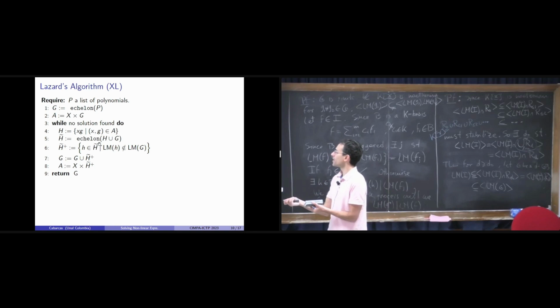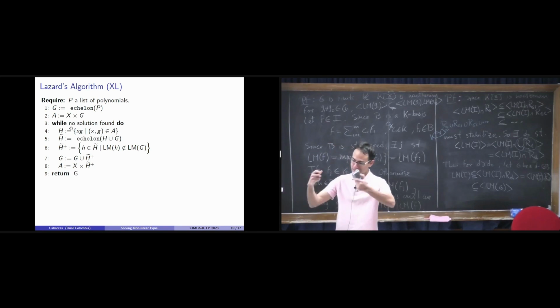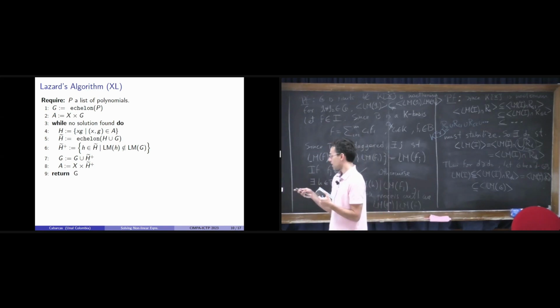I'm going to call that H tilde plus. So do Gaussian elimination, extract new leading monomials, and then add those leading monomials to G.